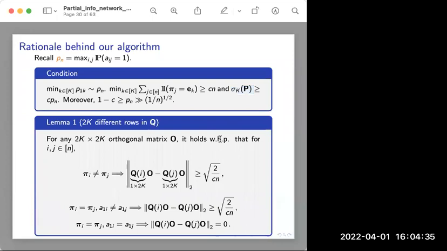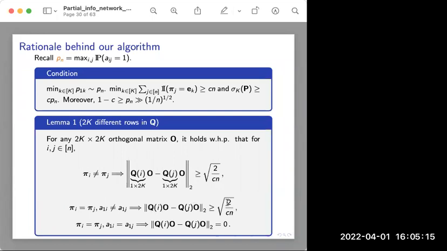So under this condition, we can show that if we look at the different rows in Q, there are 3 cases. If nodes i and j have different community memberships to start with, then the ith row in Q and the jth row in Q, the distance between them is bounded from below. Right, that's case 1. Now, if i and j have the same community label, but the A_1i and A_1j values are different, so in other words, one of them is a neighbor of 1 and the other one is not, then the corresponding rows in Q are also different and the distance is bounded below.